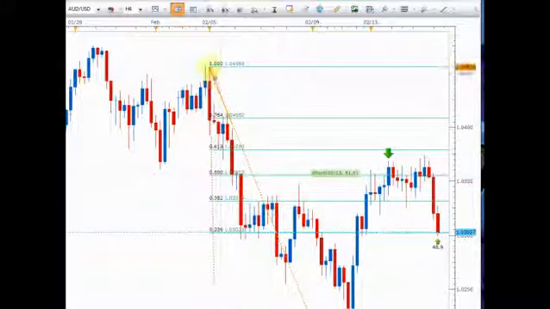If you guys remember from the beginning of the week, we said that last week when the RBA made statements, the Aussie dollar took a plunge overnight, made a low, and had its first rebound.